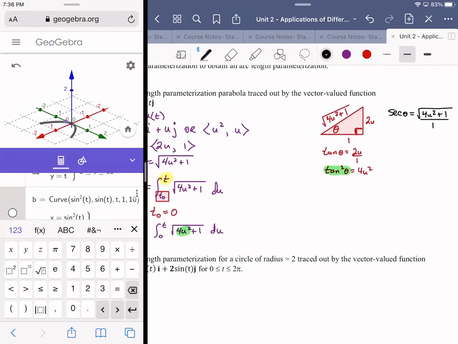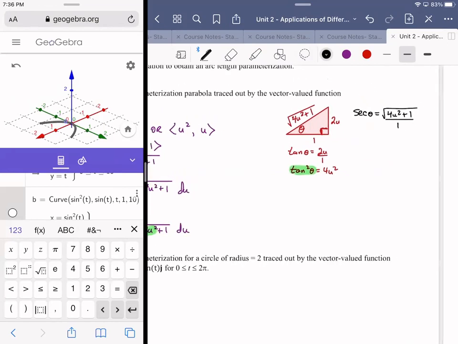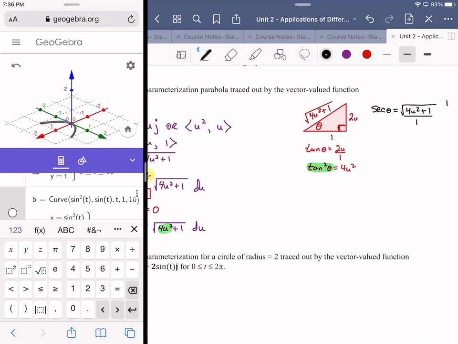The idea being that secant is adjacent over hypotenuse. I'm sorry, hypotenuse over adjacent. Geez Louise, it really is the end of the week. All right, and so we can do a direct substitution that way also. But we still need to be able to swap out the du.